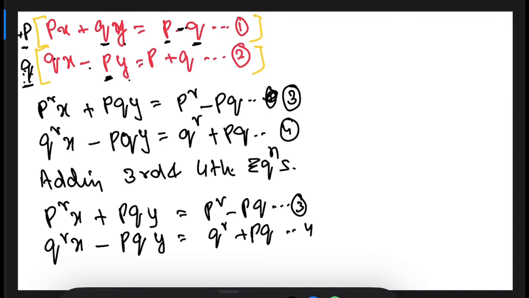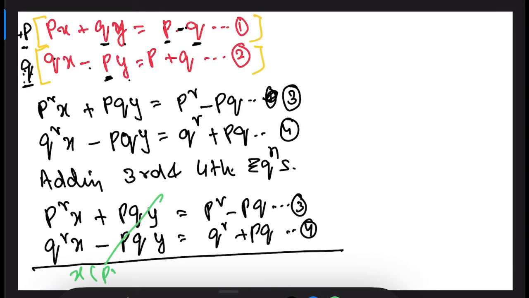This is our fourth equation. Just adding, so no sign will be changed. Here plus pqy and minus pqy are gone. Now x is common, x times p square plus q square equals pq plus pq minus pq is gone. Plus pq and minus pq, so gone.